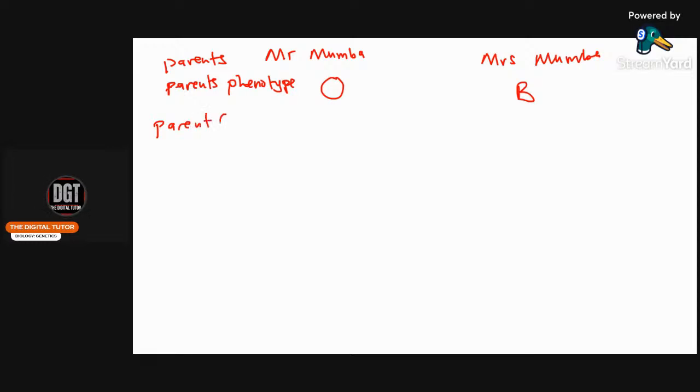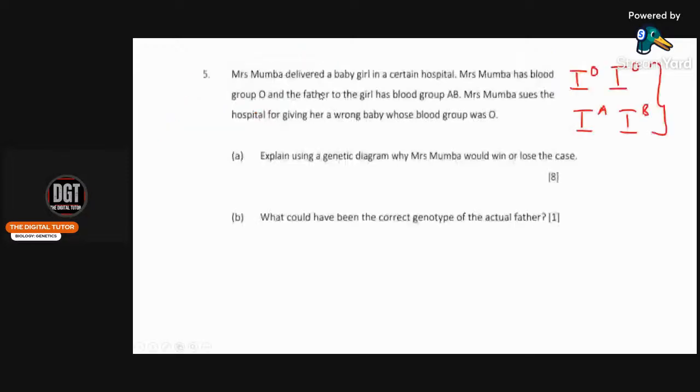What about now the parents genotype? So the genotype for a parent: blood group O is this. I've swapped this. So Mrs. Mumba is O. What is the genotype of Mr. Mumba?